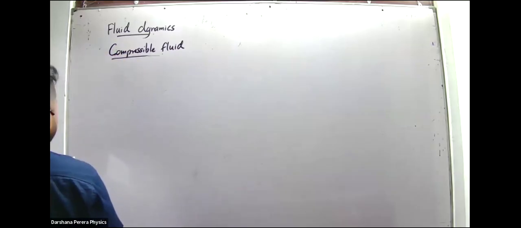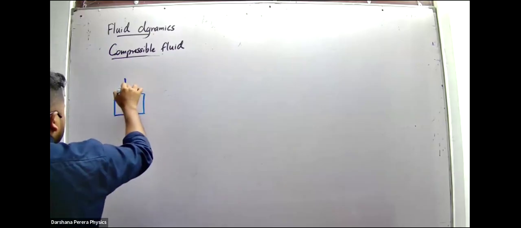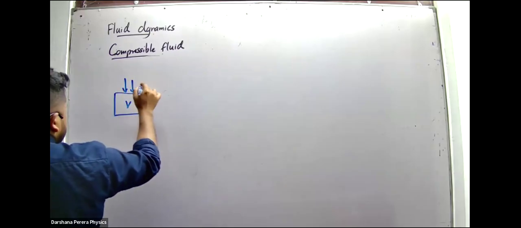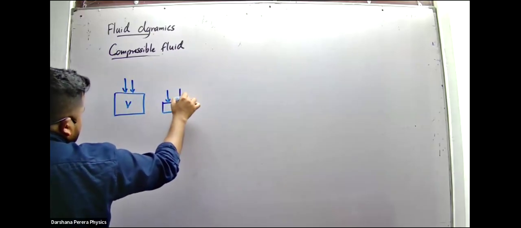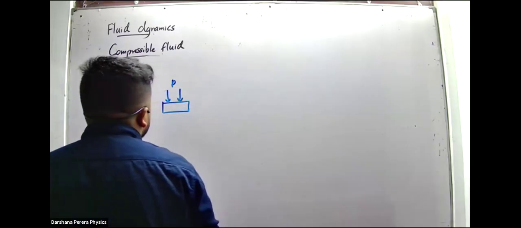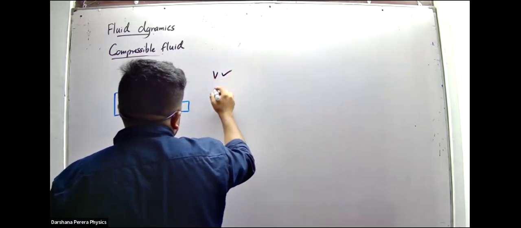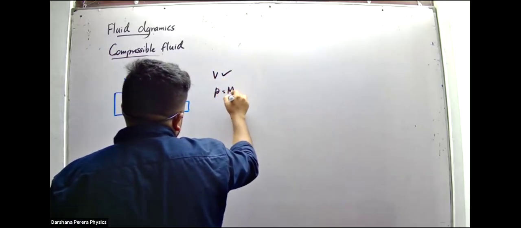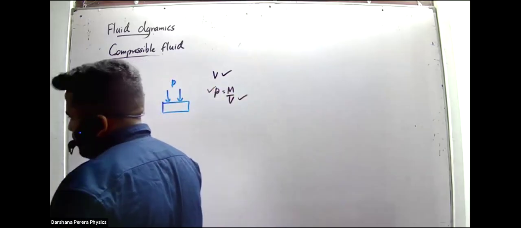When we apply pressure, the volume changes with the pressure. So rho equals M over V, and if V changes, rho changes.